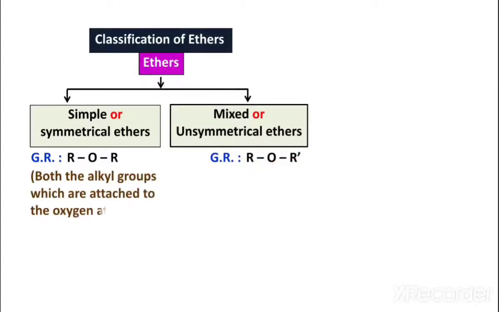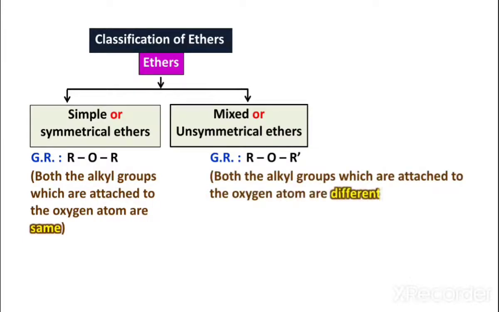In case of symmetrical ether, both the alkyl groups attached to the oxygen atom are the same. That means this R and this R both are the same. And in case of unsymmetrical ether, the two alkyl groups, that means R and R dash, attached to the oxygen atom are different.